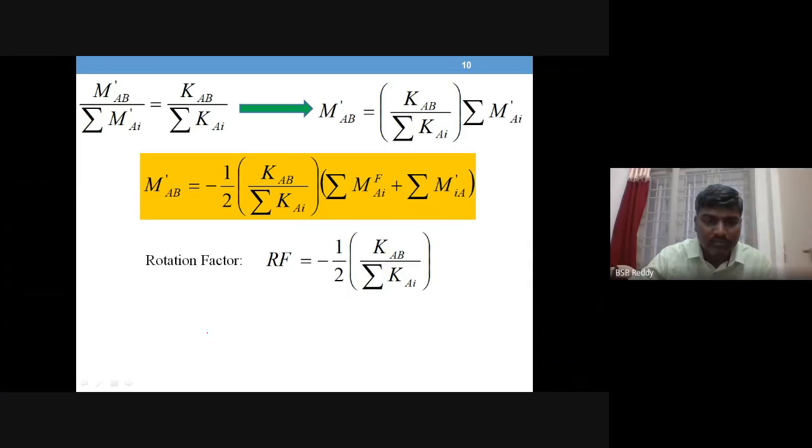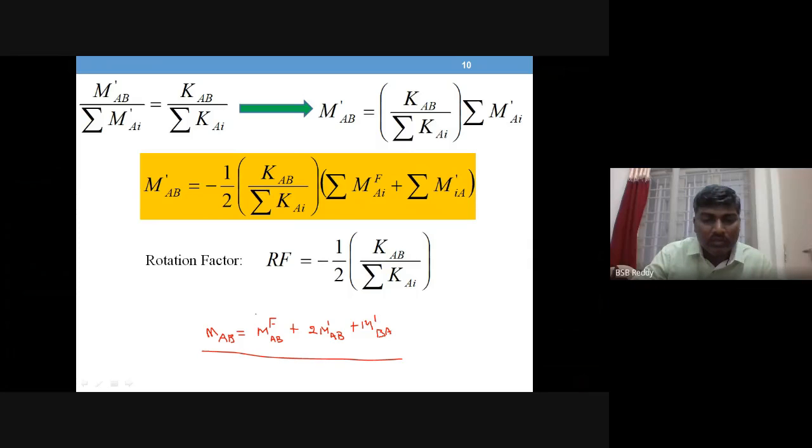M_AB is equal to MF_AB, that is fixed end moment at A, plus 2 times M' AB plus M' BA. So this is the equation for finding end moment.